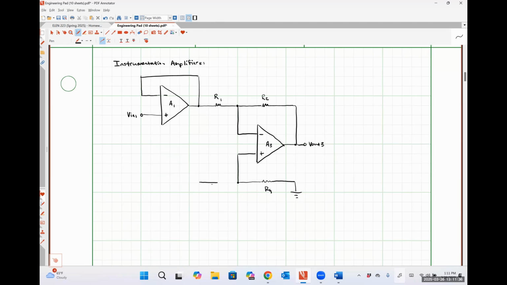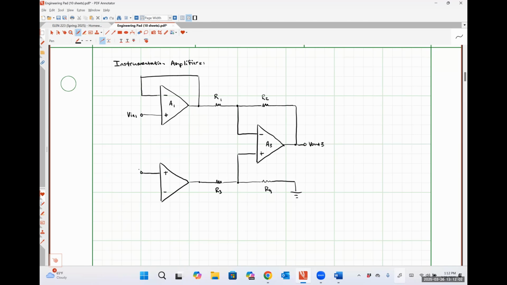Working back towards the left, here's a resistor R3. And now I have my op amp A2, where I'm going to put my non-inverting input terminal on top, my inverting input terminal on bottom.